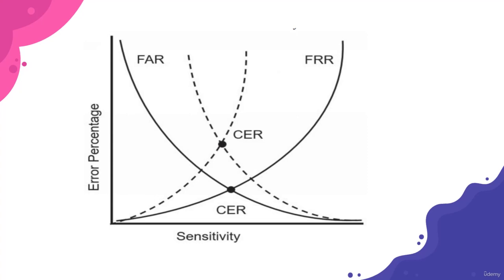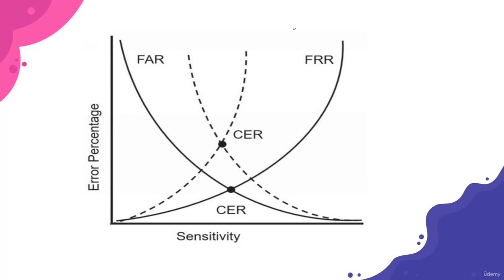Biometric systems allow you to adjust the sensitivity or threshold level where errors occur. Increasing sensitivity decreases the number of false acceptances and increases the number of false rejections. Conversely, decreasing sensitivity increases false acceptances and reduces false rejections.